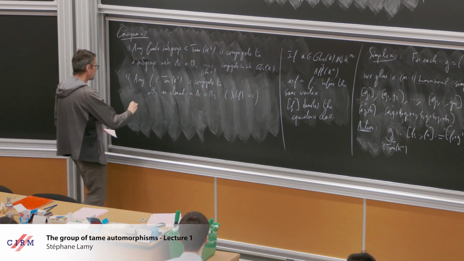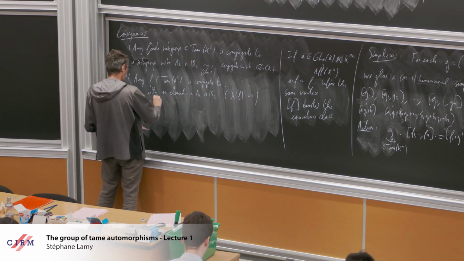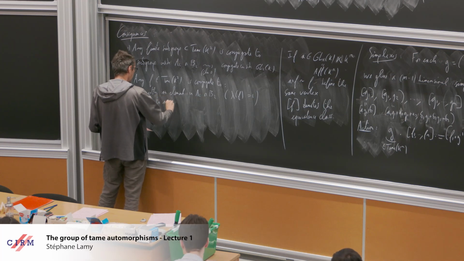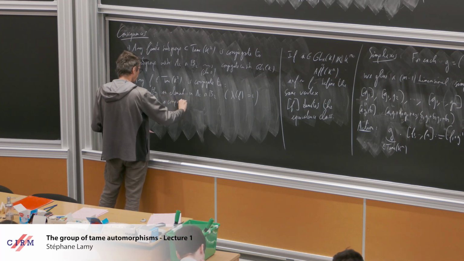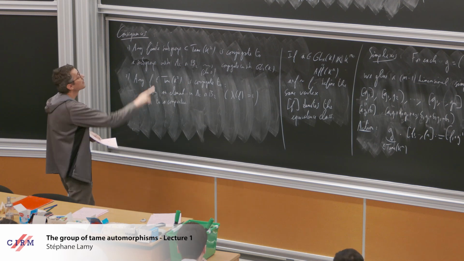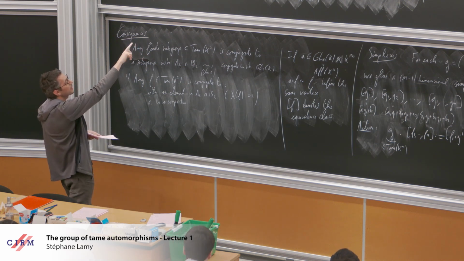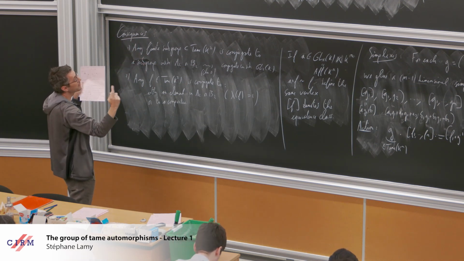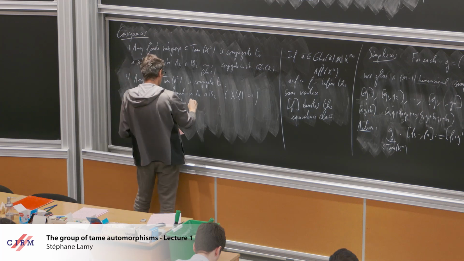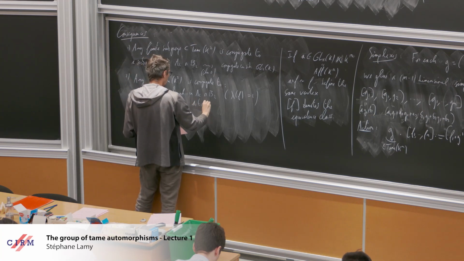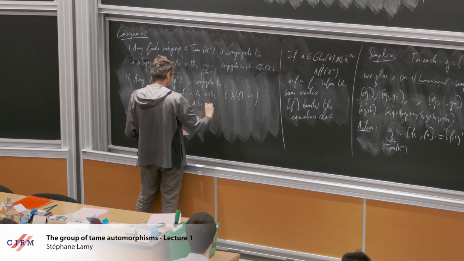Or to a composition of this form, starting with A and ending with B, so with an even number of letters: A1, B1, A2, etc., AN, BN.